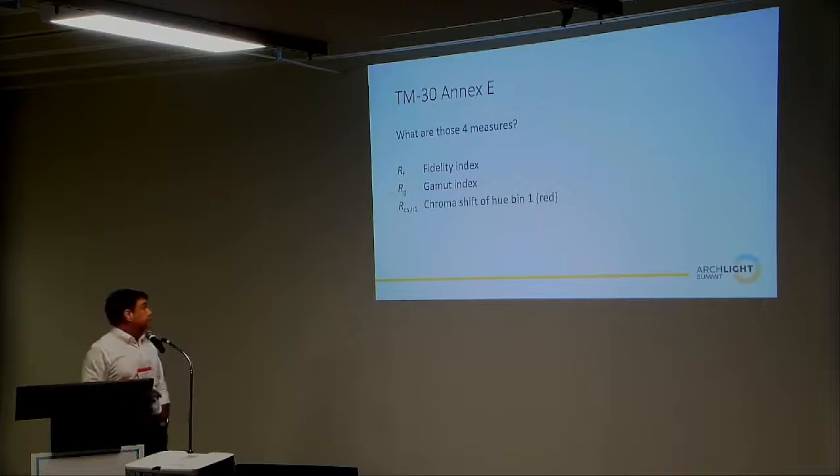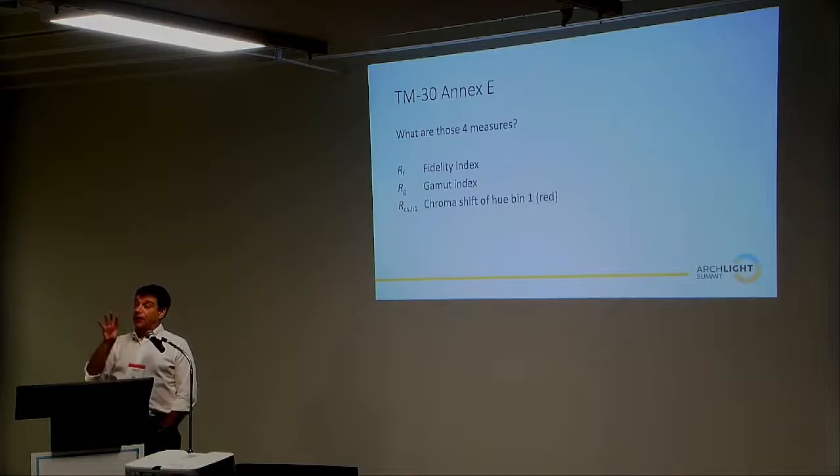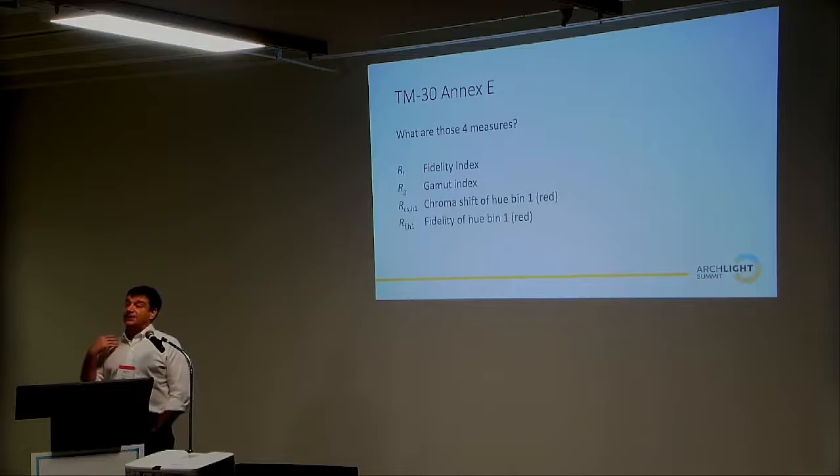The next one is, again, rendering subcategory Chroma Shift, subcategory Hue 1, which, as Tony pointed out, is red. So we're looking at the chroma shifting of red. Is it made more saturated or less? And then the fourth one is the fidelity of red, right?